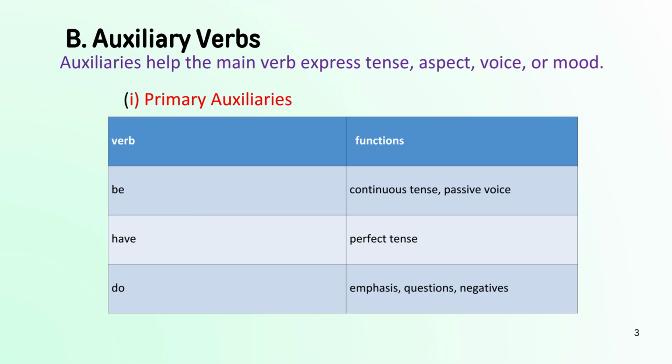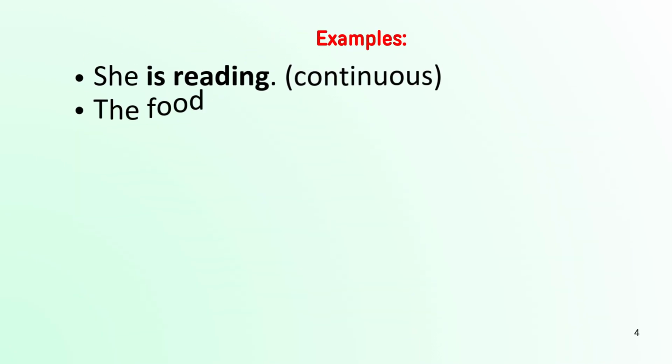And our verb to do emphasizes what? It lays emphasis on something, and it is also used for questions and for negation, to negate a sentence in a negative way. You can see we have examples here.